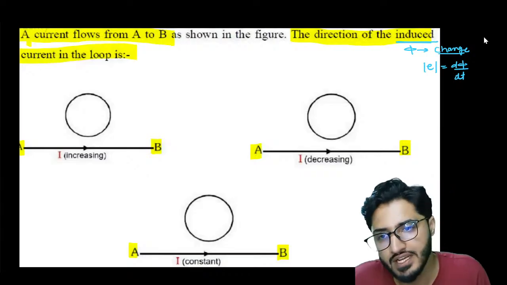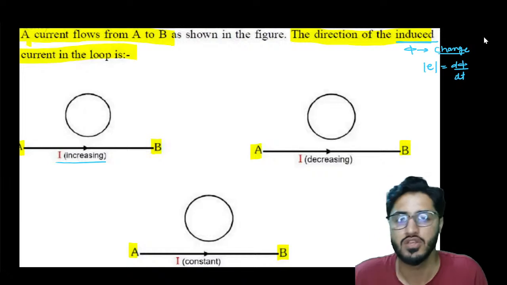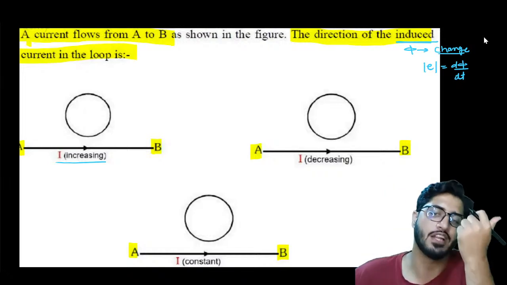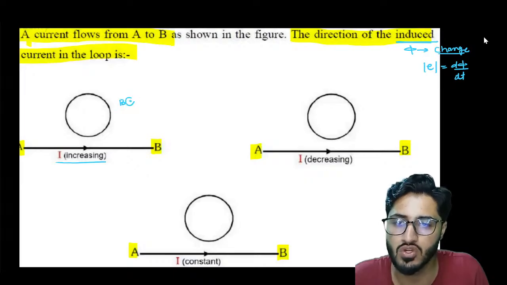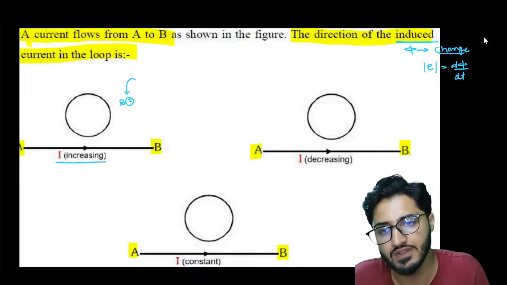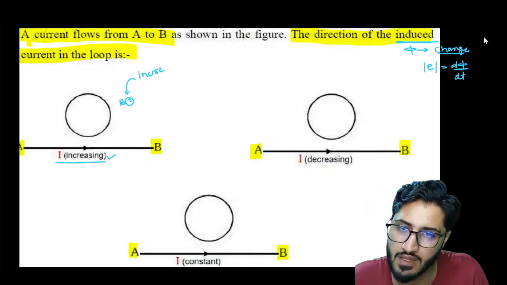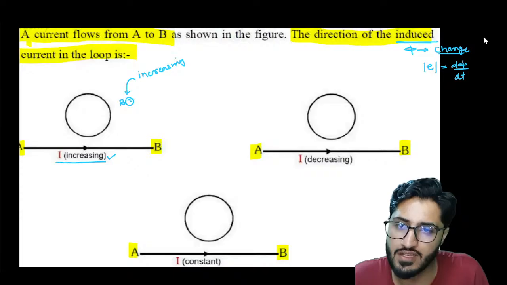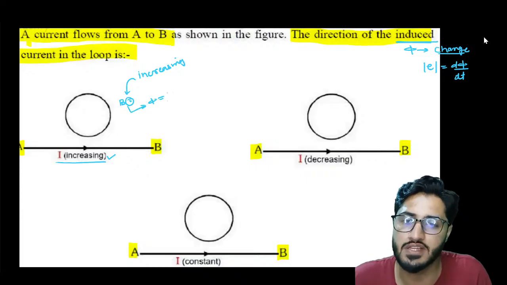Look now, current is increasing. If this current is increasing, you can take your right hand thumb in the direction of current, and you will get your magnetic field here. It is outwards, dot, and it is increasing. The flux associated with it should also increase.